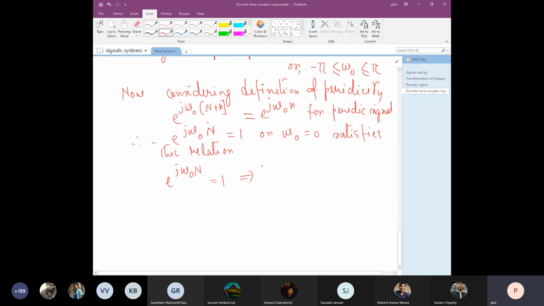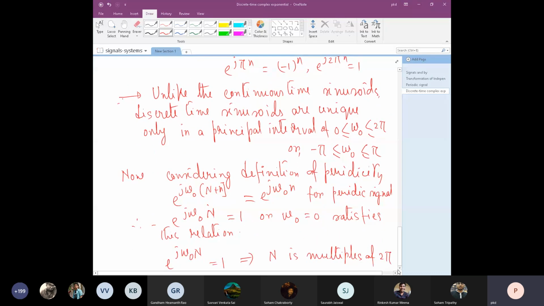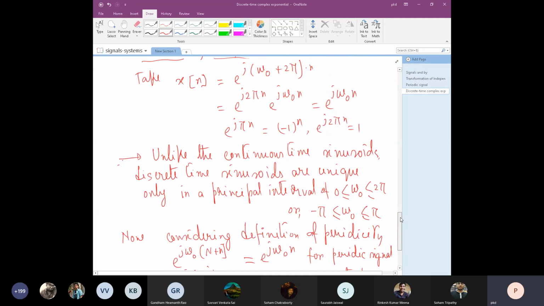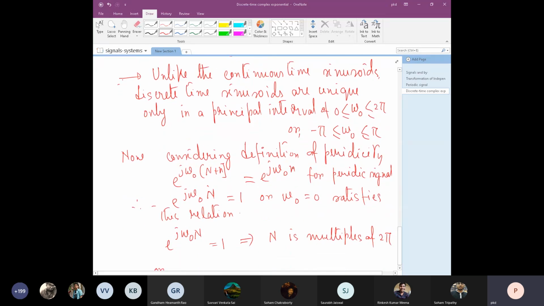So with our previous observation, we can tell that omega naught N is a multiple of twice pi, because we have here omega naught plus twice pi into n, small n, where twice pi into small n is an integer multiple. So we are adding it to omega naught into small n, and we have made it separate.